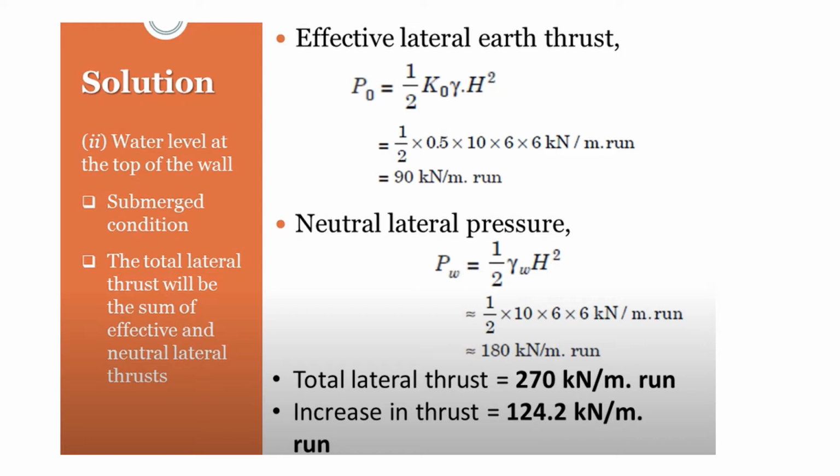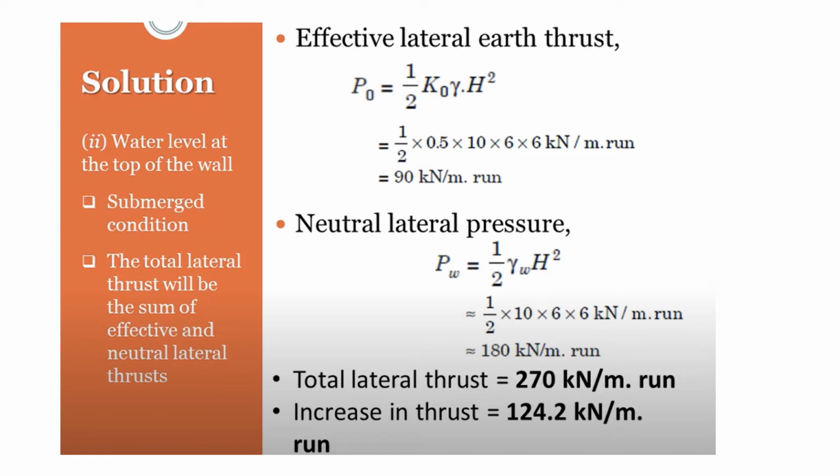So first of all, the effective lateral thrust will be, using the submerged unit weight as gamma, and the value of coefficient of earth pressure at rest will be 0.5 itself. The bulk unit weight will be replaced by the submerged unit weight, which is 10, and the height of the retaining wall is 6 itself. So substituting these values, we will be getting 90 kilonewton per meter run.